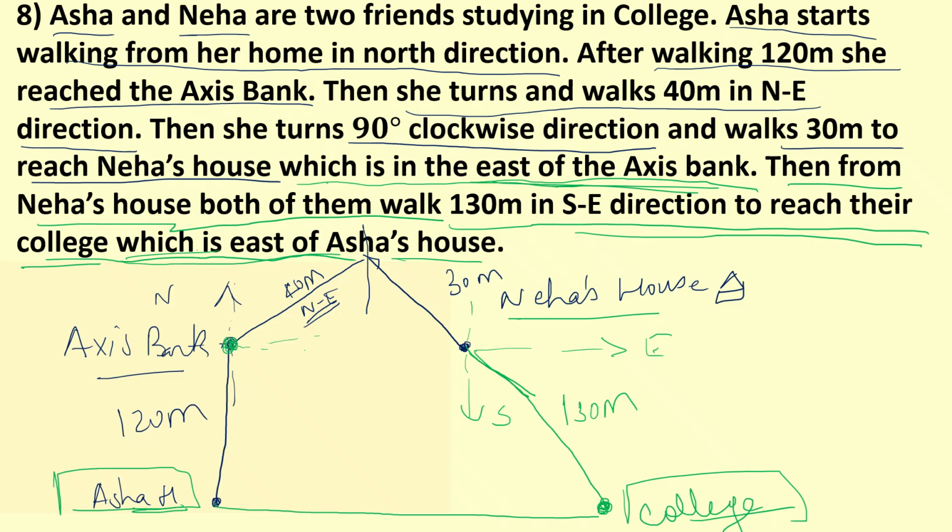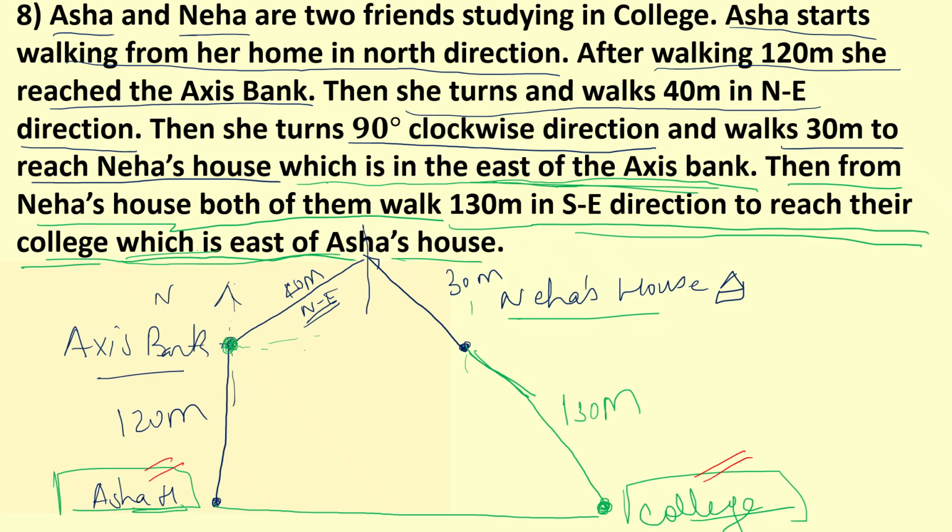So the question they have asked is what is the shortest distance between Asha's house and the college, correct? That they have asked. So we will see what is the shortest distance between this Asha's house and the college.